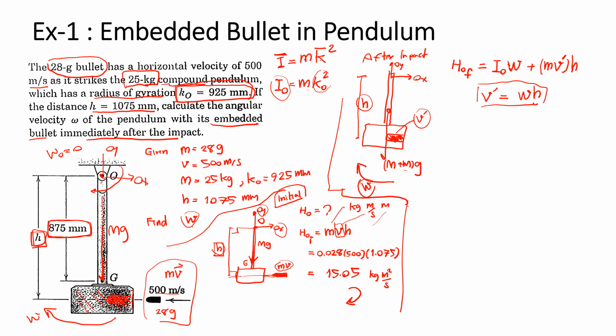And the moment of inertia can be obtained from the radius of gyration.